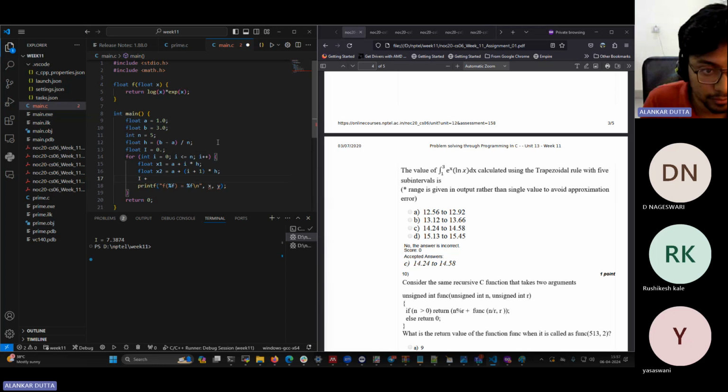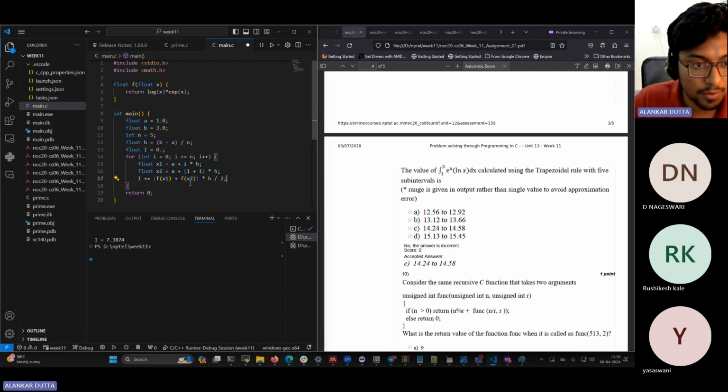So this is the thing, and then we just print out the value of I, which must be equal to I at the end, and let's print this outside the for loop. Let's try to run this.